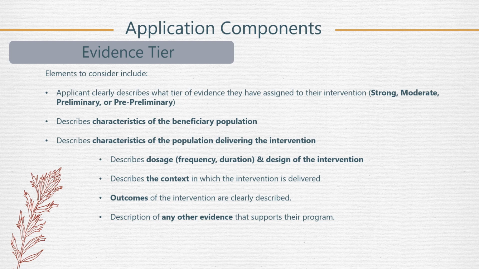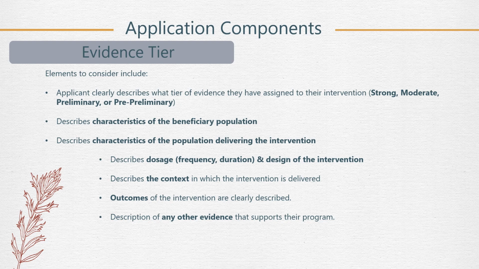We want to make sure that it describes the characteristics of the beneficiary population, the characteristics of the population delivering the intervention, and the dosage, that is the frequency and duration, and the design of the intervention.